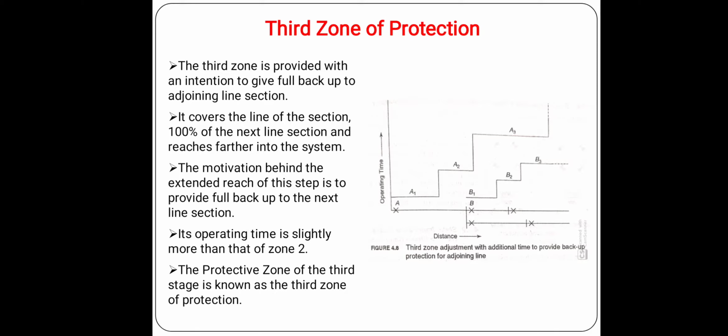It should be set to reach beyond the end of the longest adjoining line section under the conditions of maximum underreach, which may arise due to arcs, intermediate current source, as I said earlier, errors in current transformer, potential transformer, and measuring units or measuring relays. This is achieved with additional time delay provided to the third unit of protection.